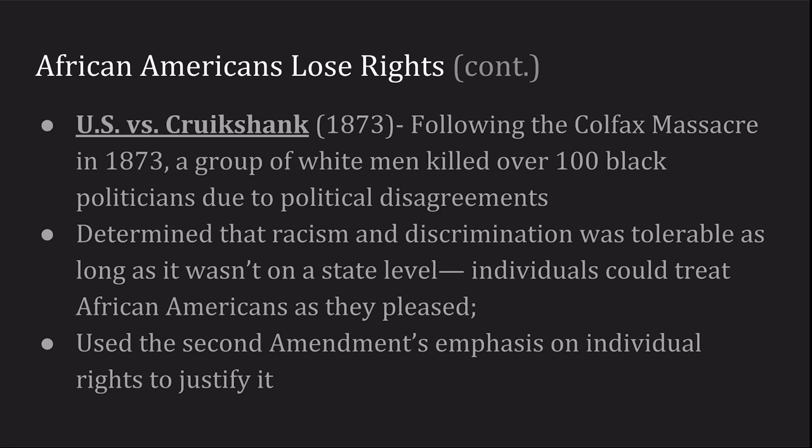They used the Second Amendment, the right to bear arms, arguing that the government isn't encouraging you to have guns, but it's not stopping you from having them. It justified the poor treatment of African Americans throughout the South, or was used to justify it at least.